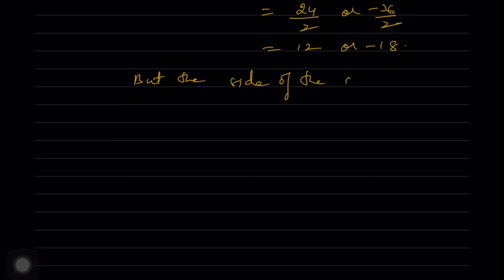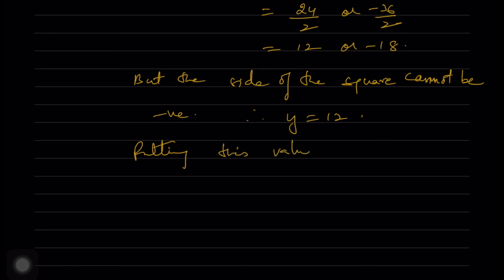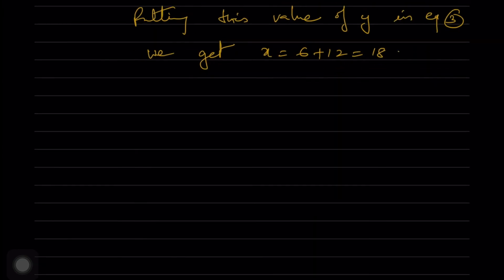But the side of the square cannot be negative. Therefore y is equal to 12 and not equal to minus 18. So putting this value of y is equal to 12 in equation 3, we get x is equal to 6 plus 12, which is equal to 18.